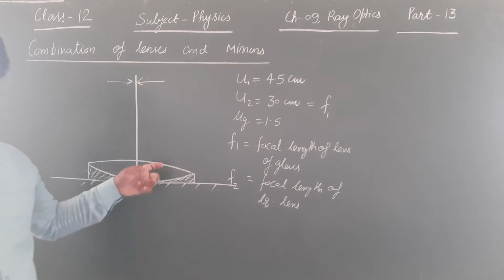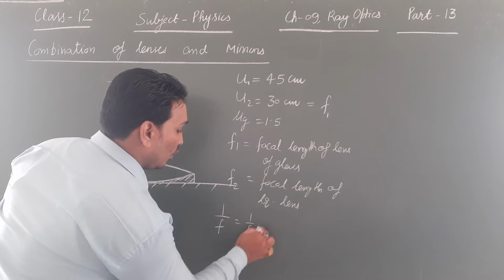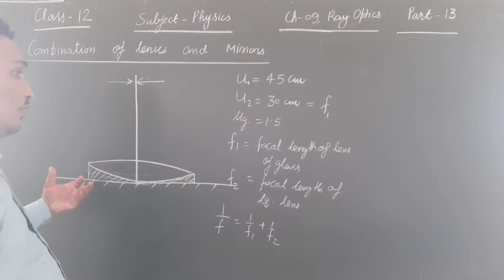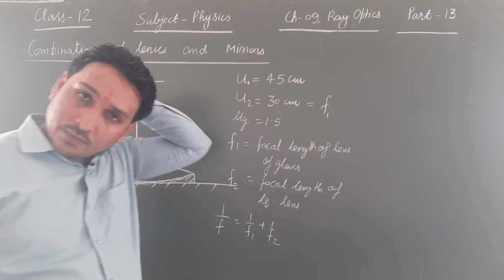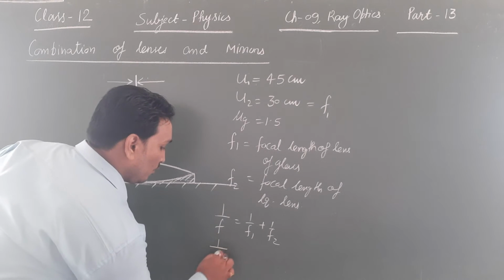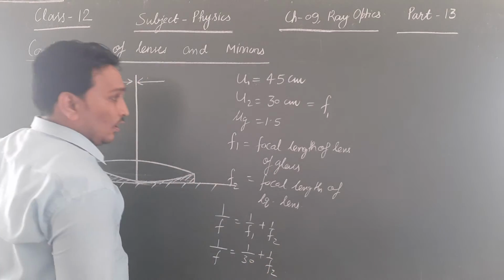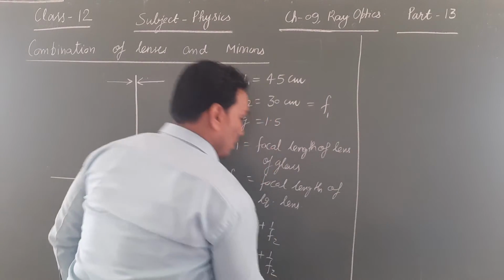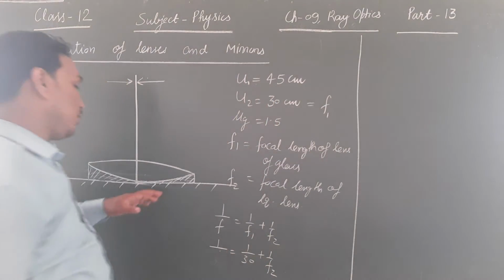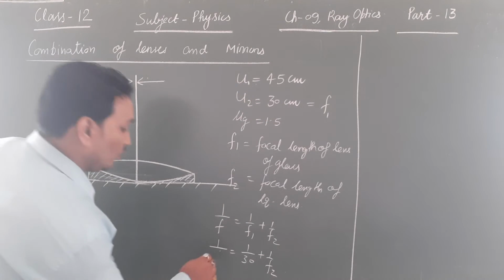Since these two lenses are in combination, we can write the combination focal length: 1/f = 1/f1 + 1/f2. When the liquid was removed, the focal length was 30 centimeter, so 1/f = 1/30 + 1/f2. If we solve this expression, we get the combination focal length. When the liquid was present, the image was formed at 45 centimeters, so basically the combination focal length is going to be 45.